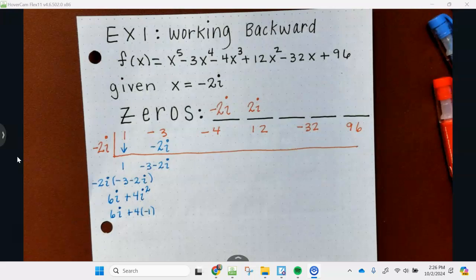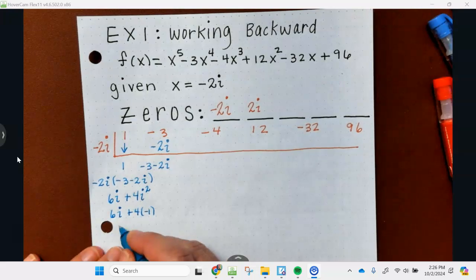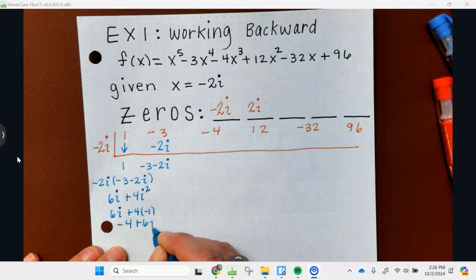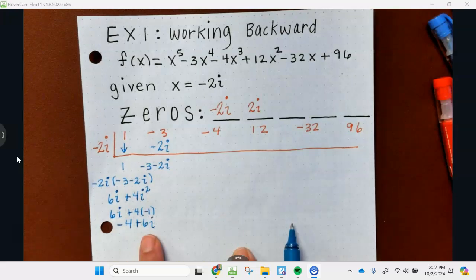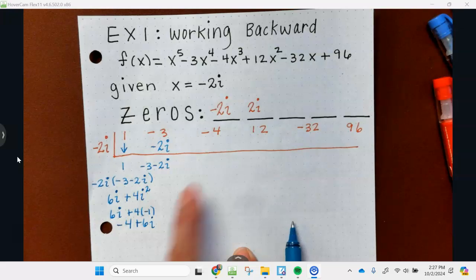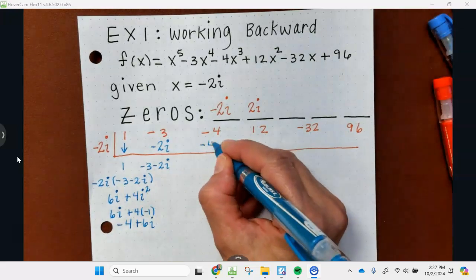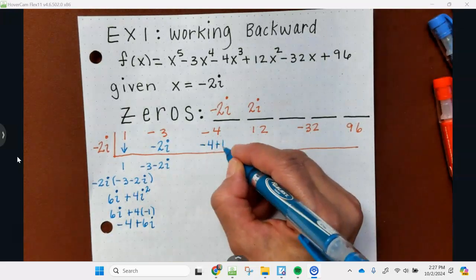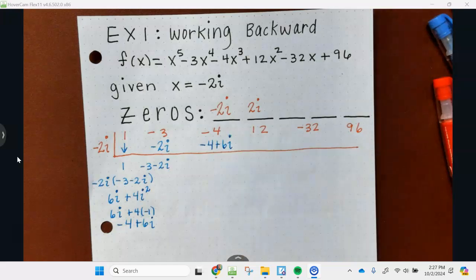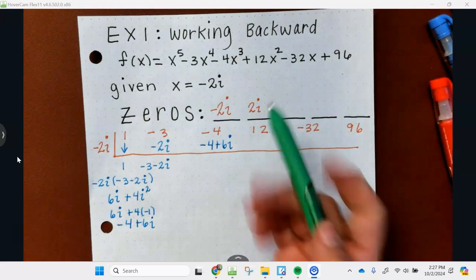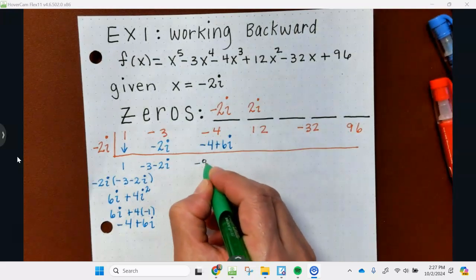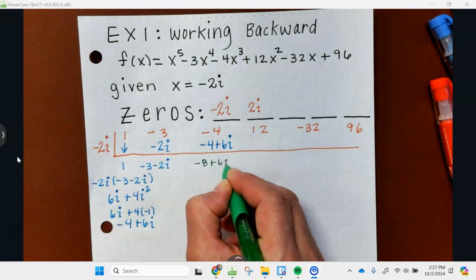So guys, when we clean that up, that is negative 4 plus 6i. That goes here. Combine straight down. All you do is combine the negative 4's. That's all you can do. So when you combine the negative 4's, we're going to get negative 8 plus 6i.